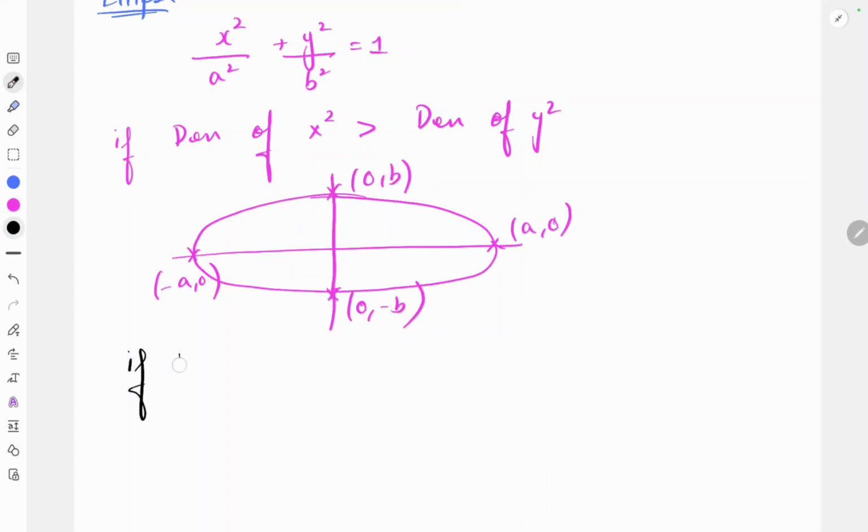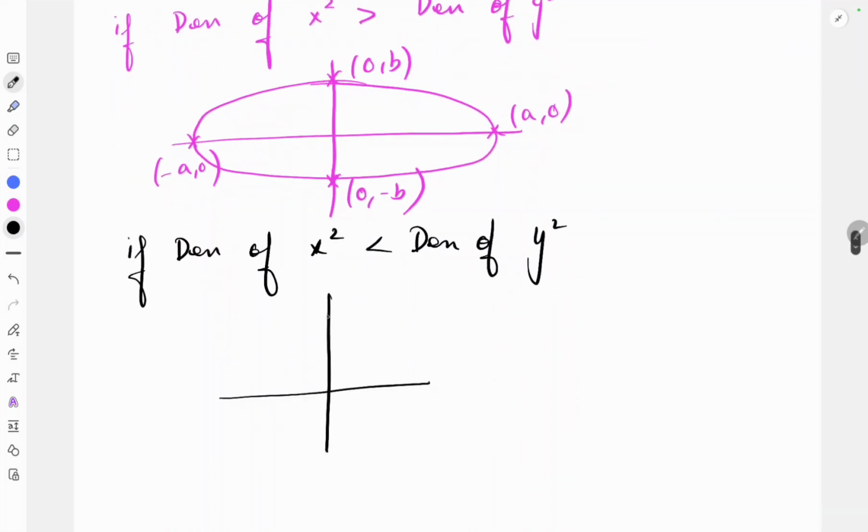Suppose if denominator of x square is less than denominator of y square, then major axis will be along y-axis like this. The graph will be like this.